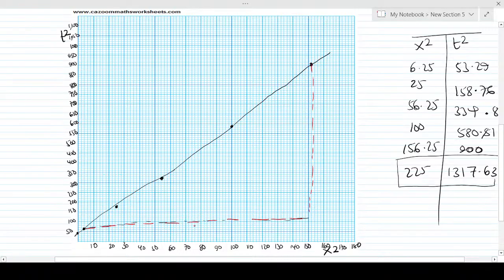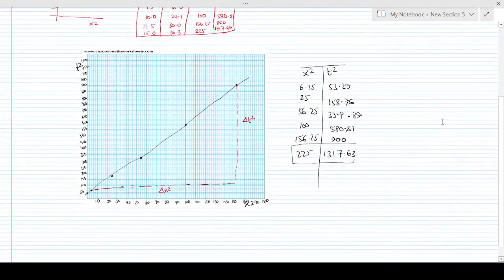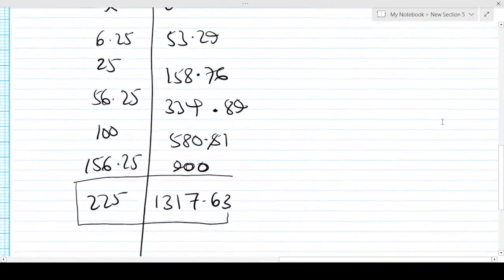So this will be my change in x, this will be my change in y or t. So what we are doing here is changing x squared and changing t squared, right? Okay, so with that in place, we can now proceed to our calculation.